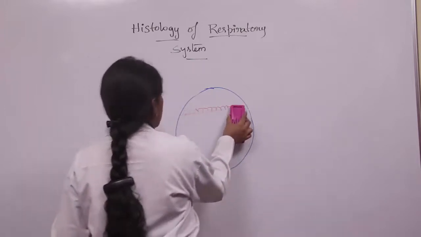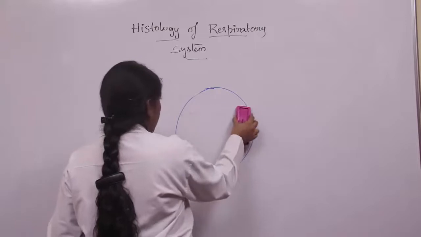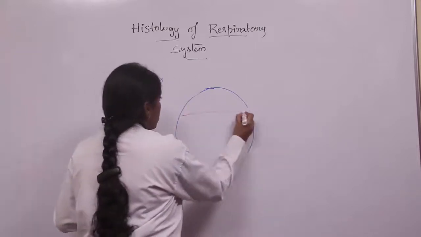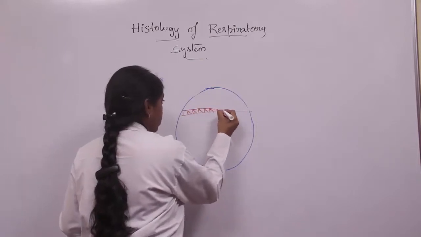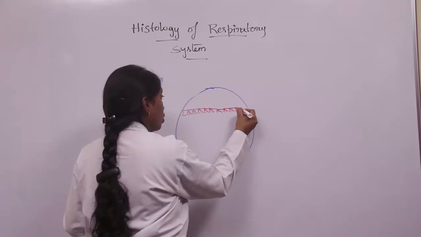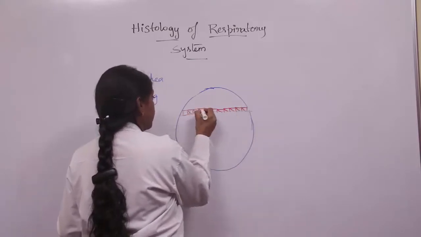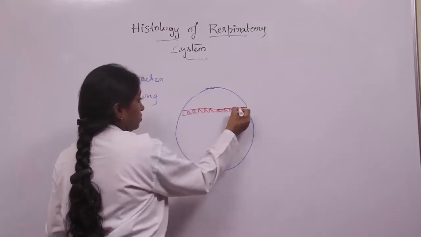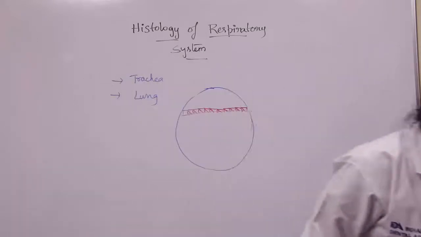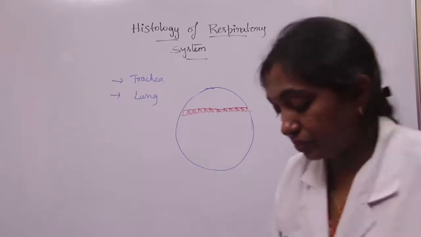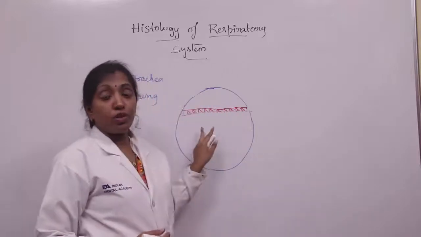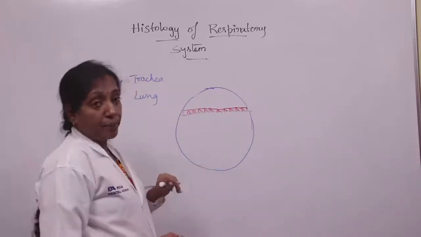So the lining epithelium of the respiratory mucosa is pseudostratified ciliated columnar epithelium.